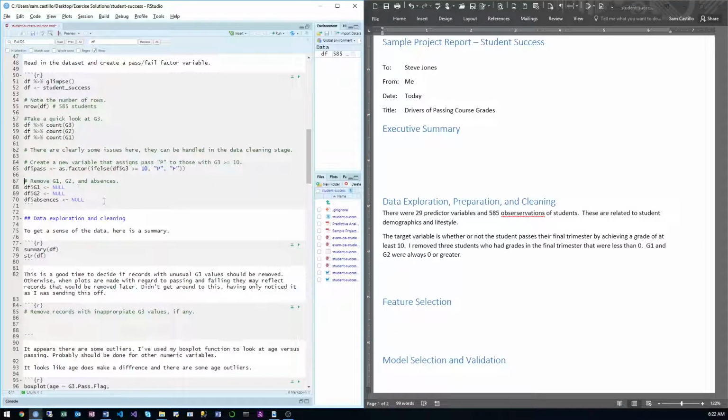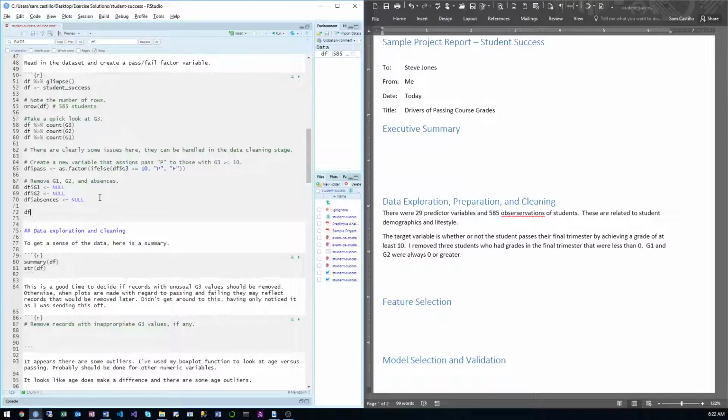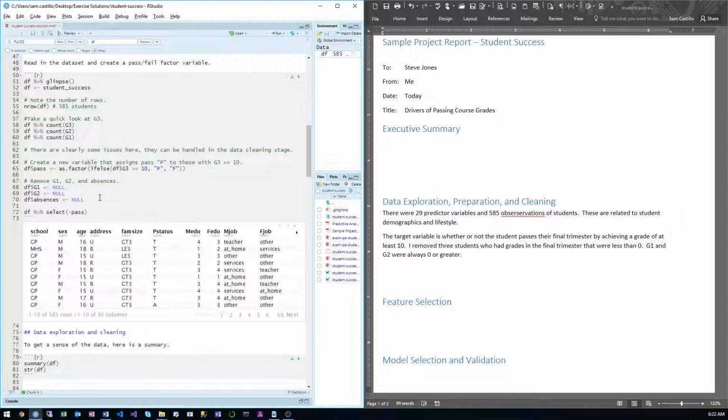And then they remove these other variables. Another way of removing variables is to use select and then minus the variable name. So if I want to unselect pass, you just use that.